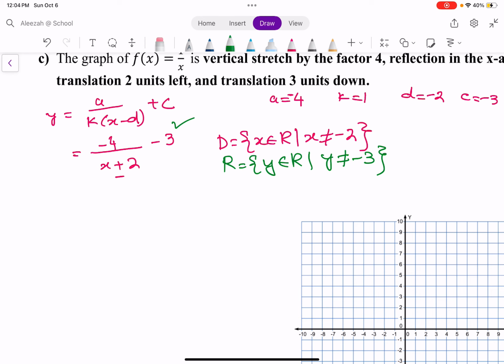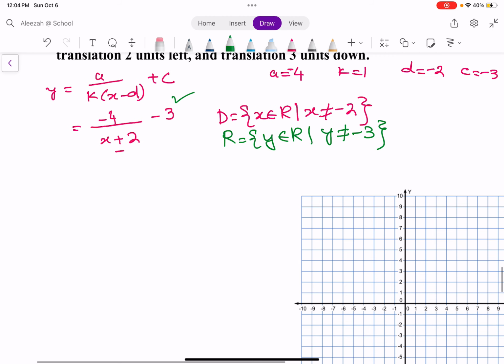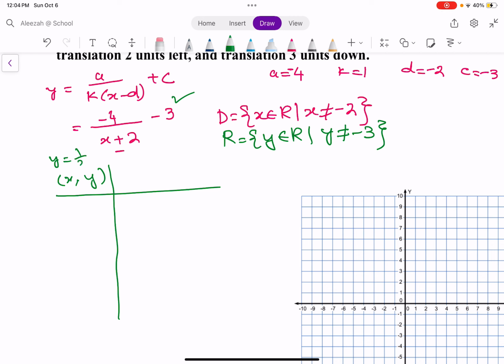That comes from here. And now if I just take 2 points on my parent function, so okay, that is my parent function, y is 1 over x. So I will take the points negative 1, negative 1, and 1, 1. Okay, x over k, there's no k, so x plus d, and my d is negative 2.